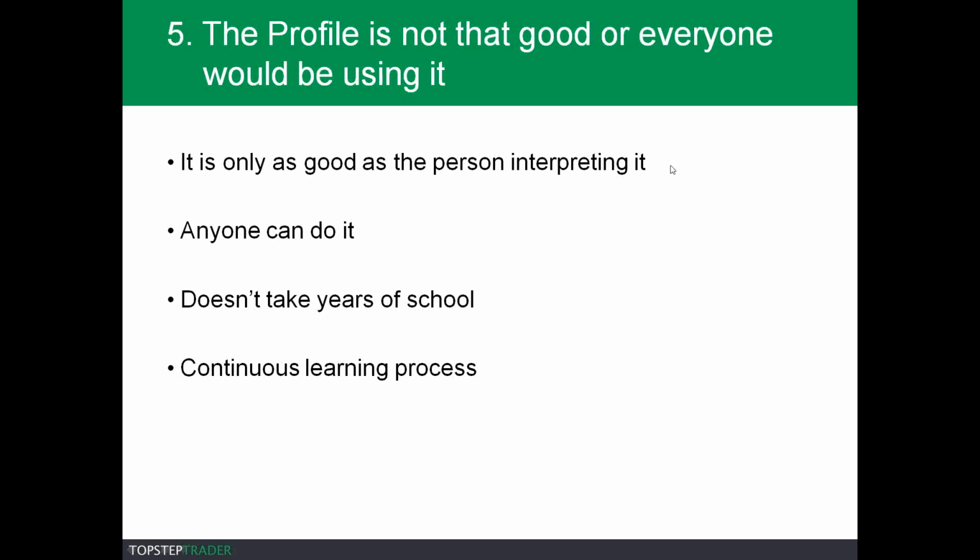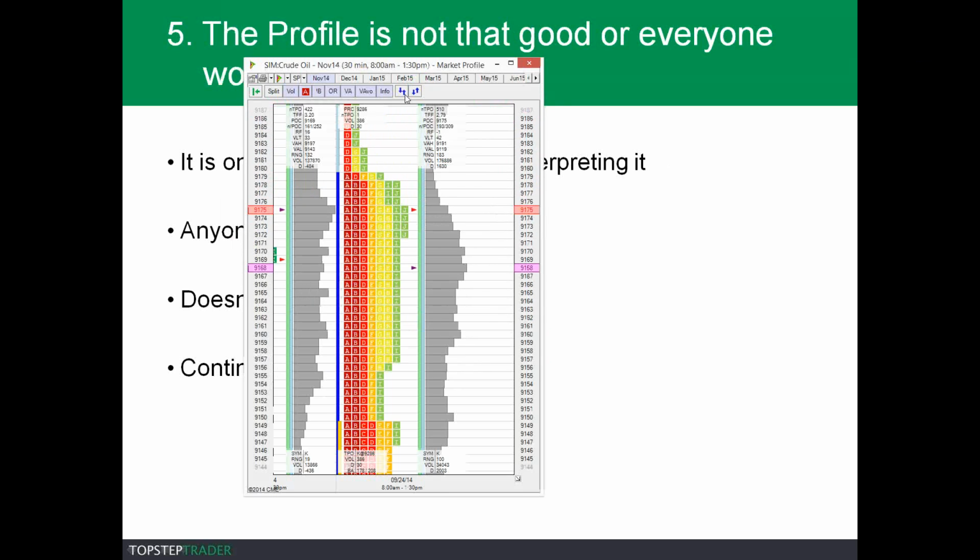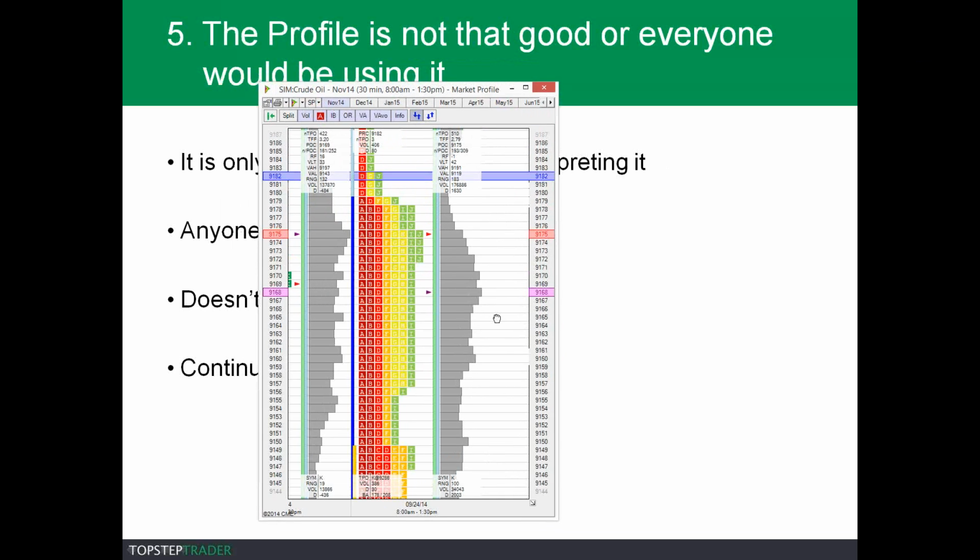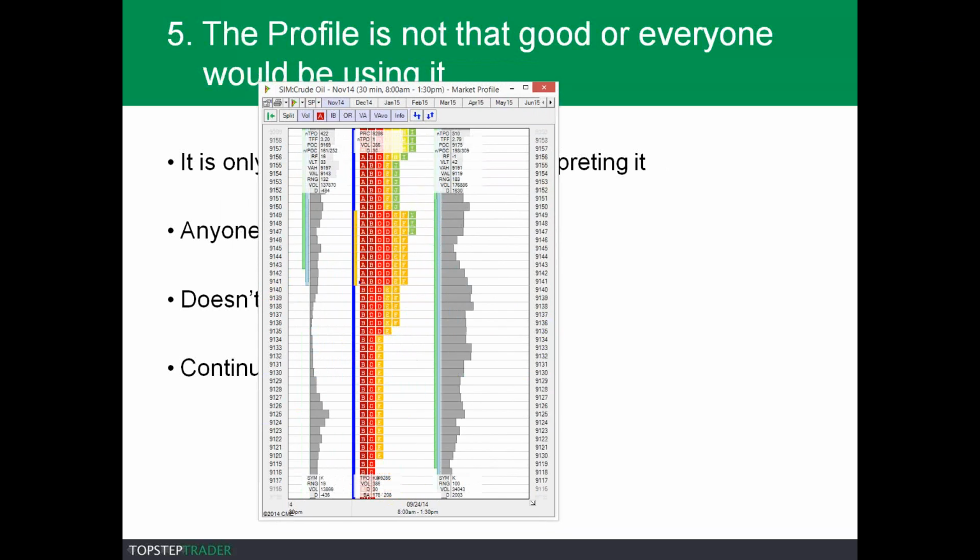Okay, so David asks, if the value area of the market profile TPO is lower than the value area of the volume profile, does that mean anything? Yeah, it certainly does mean something. Let's see if we can find a good example here.